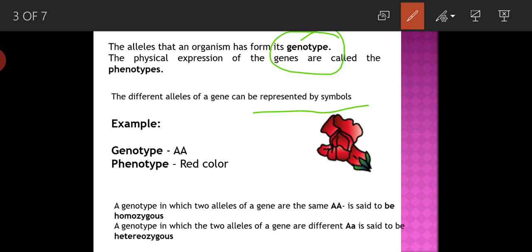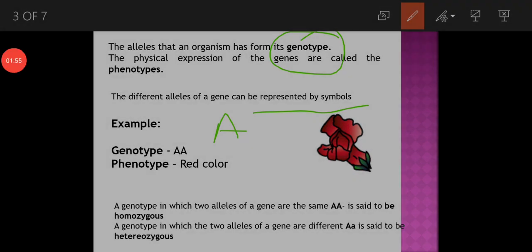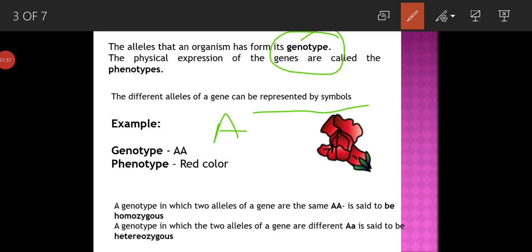For example, the letter A stands for the genotype of this flower, and the color that we are able to see stands for the red color. This is the phenotype, which means the physical expression of what we are able to see in the outside environment.